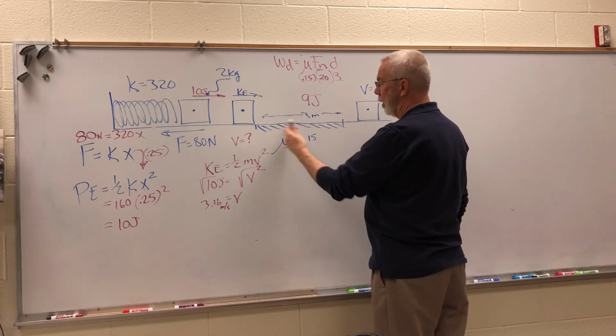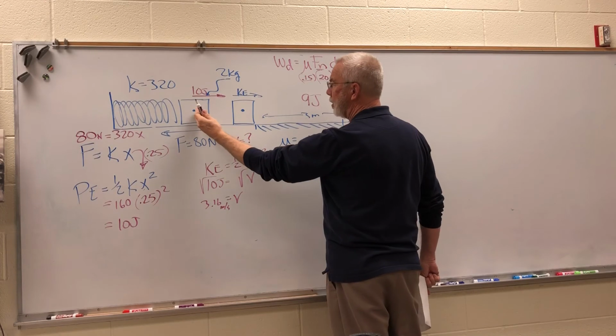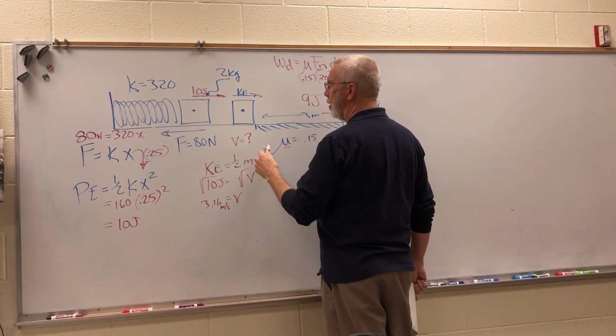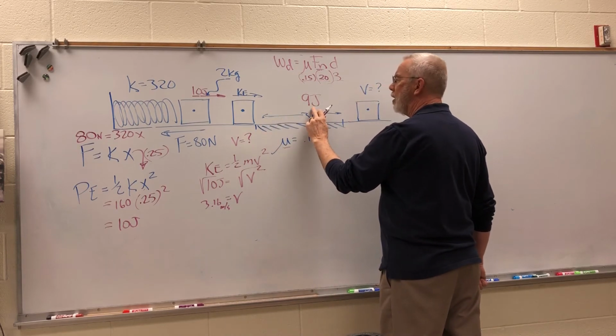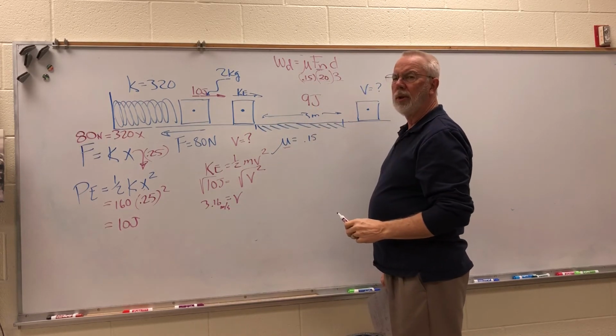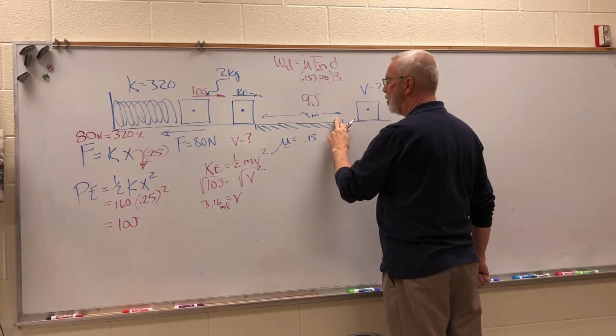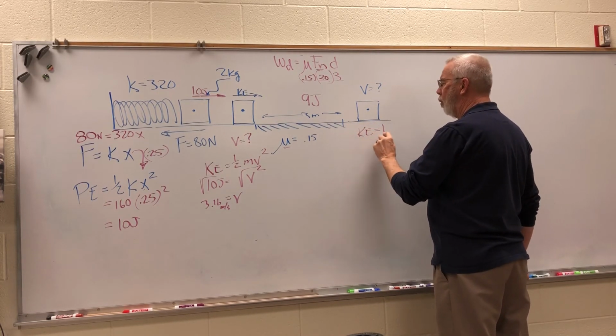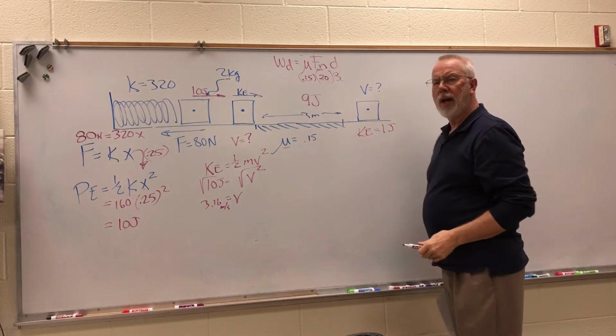Well, look at what we've got. We've got a box that was sliding across the counter, and it had 10 joules of energy. We just lost 9 joules because we slid across the friction. So this box only has 1 joule of energy left.